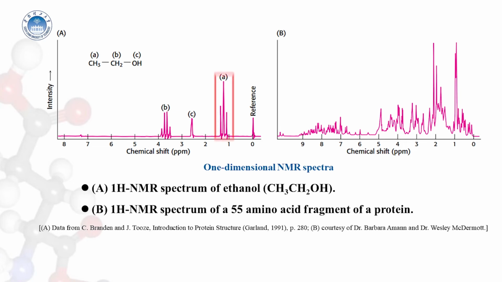For example, a CH3 proton typically exhibits a chemical shift delta of 1 ppm, compared with a chemical shift of 7 ppm for an aromatic proton. The chemical shifts of most protons in protein molecules fall between 0 and 9 ppm.